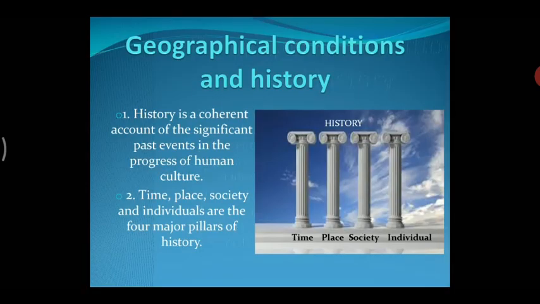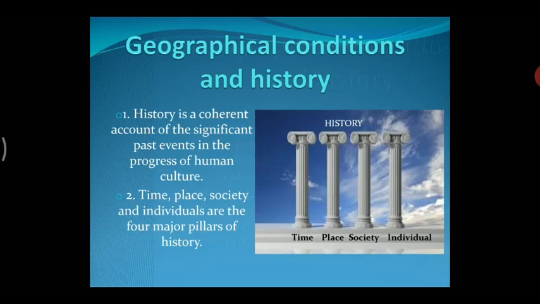Geographical conditions and history. Now, what do you mean by geographical conditions? Geographical conditions means how people's lifestyle is, how they adapt to the climate, what kind of food they eat. That is called geographical conditions. The first point: history is a coherent account of the significant past events in the progress of human culture.